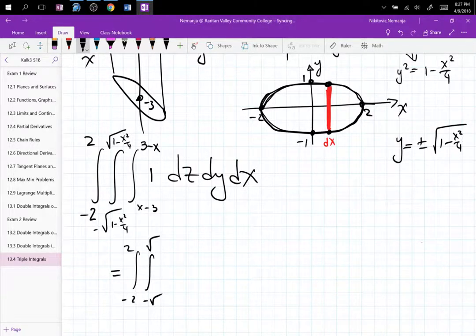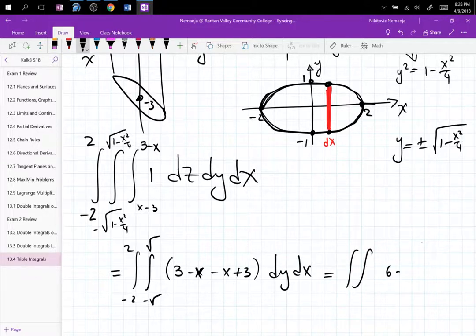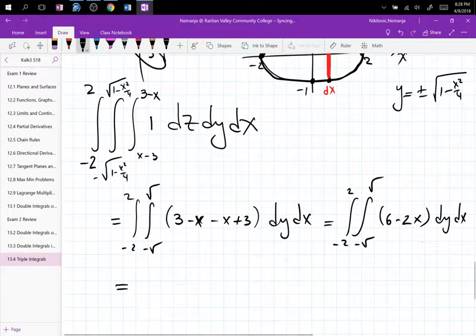Integrate 1, you get z, so you get a top limit, which is 3 minus x, minus the bottom limit, which is x minus 3, so plus 3. And we still have dy dx. So this is just 6 minus 2x, dy dx. We still have the negative 2 to positive 2, negative square root, positive square root.